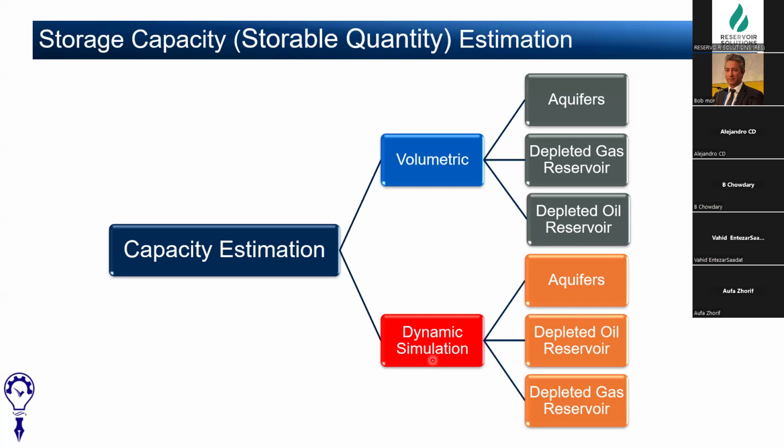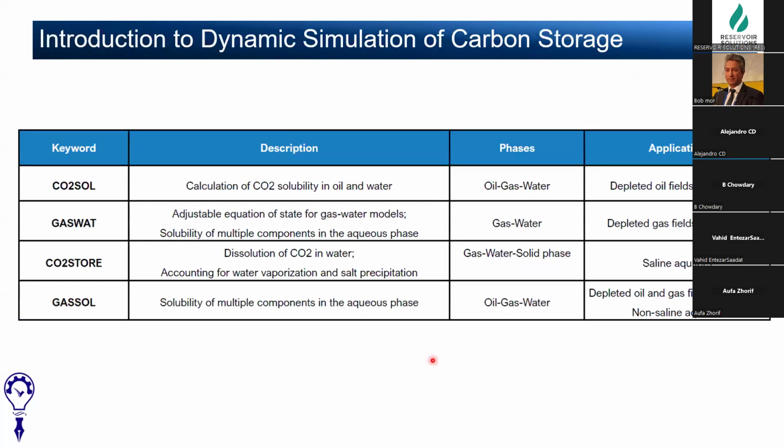So how can we do dynamic simulation? As I mentioned, we need commercial software like Eclipse, tNavigator, or CMG, or other simulators, open source, and so on.